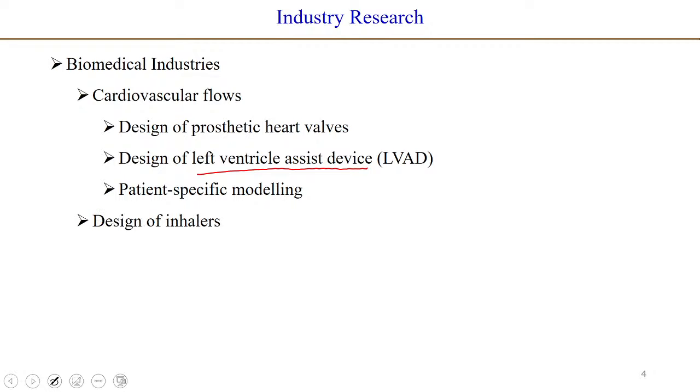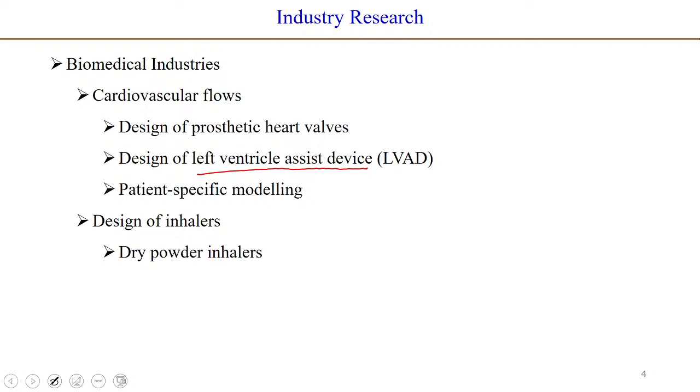Then if we talk about, say, pulmonary flows, we come across a number of inhalers, for example, for asthma patients. One such inhaler is the dry powder inhaler.